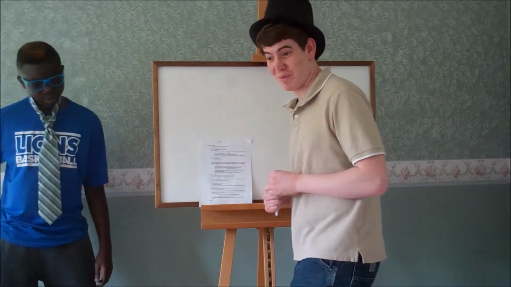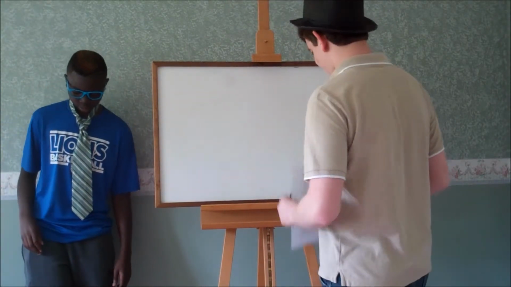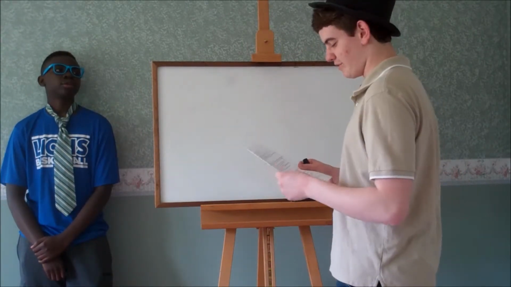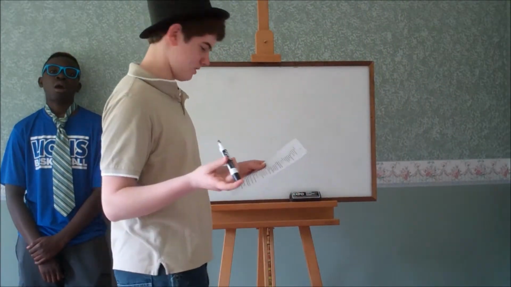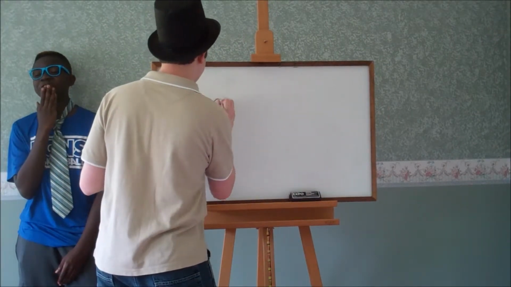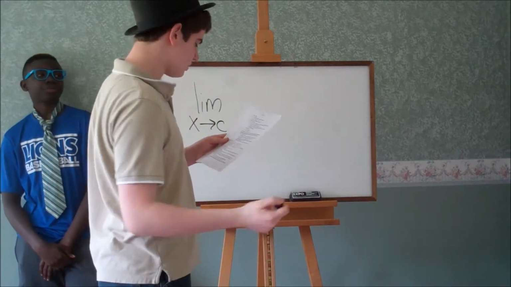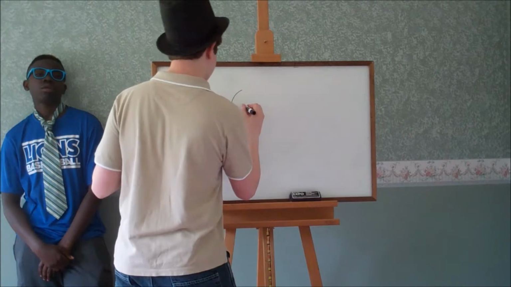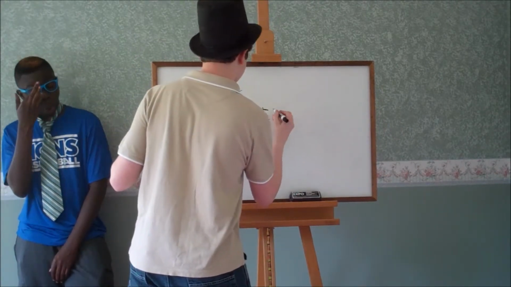So, we're going to learn about properties of limits. There are a few properties of limits that you should probably know. First, there's the addition or subtraction one. So, let's say I have two functions, okay? I have the limit as x approaches c of, let's say, 5x, plus or minus x squared.